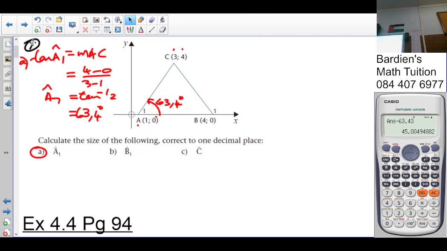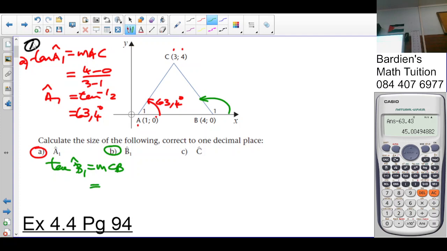Then they want you to calculate B1. So how do I calculate angle B1? I need the gradient of CB. How do I work out the gradient? It's y2 minus y1, so 4 minus 0 over 3 minus 4. So that gives me a gradient of negative 1. Did you guys get this far yet?